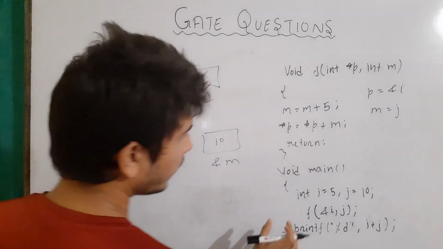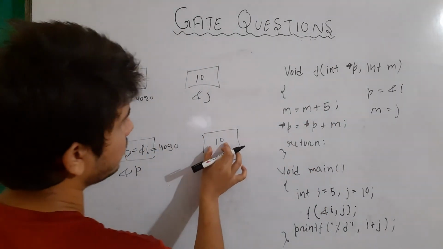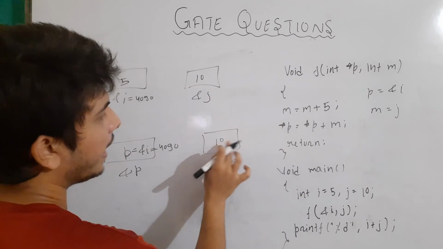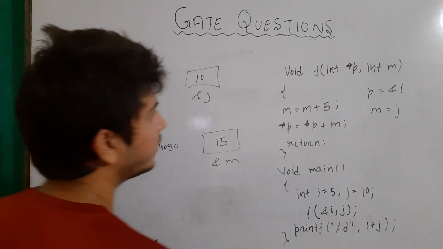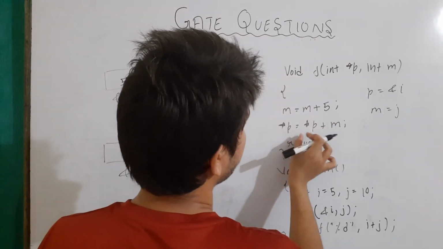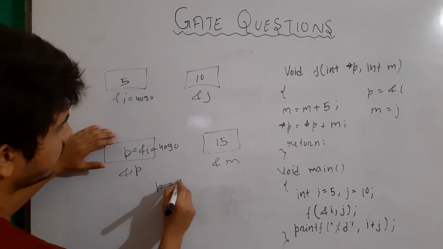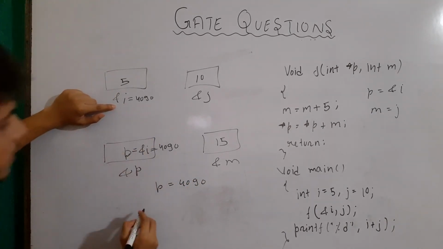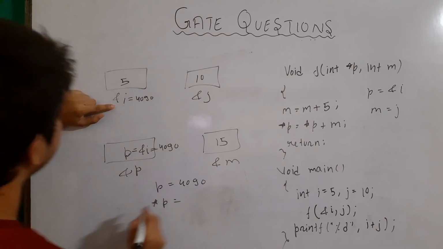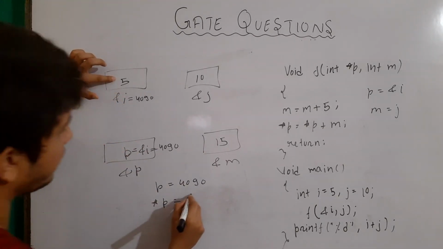Now it is written M equals M plus 5, which means the value will be increased by 5. So this will become 15, right? And then it is written *P equals *P plus M. Now P means 4090, or P means this location. Now *P means whatever is present in this memory location. So what is present in this memory location? 5, right?